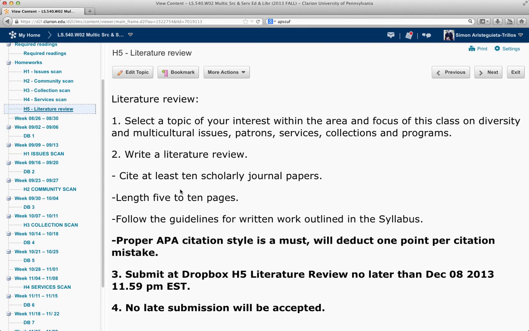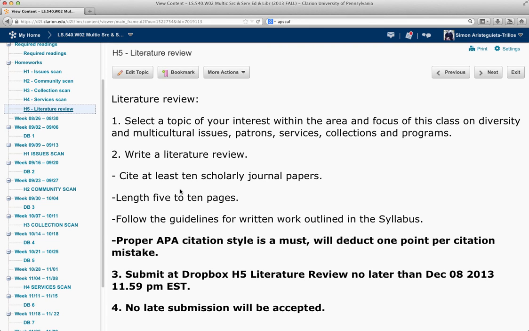Do your own search on our databases. Go to the Clarion website, go to Academic Search Premier, for example, select our databases there, the librarianship databases, and do your own search.